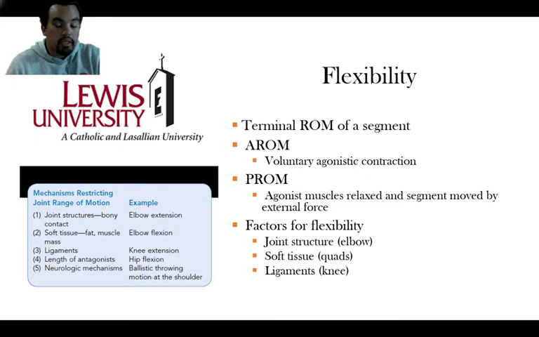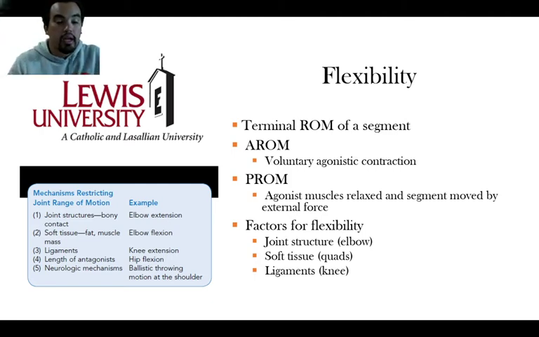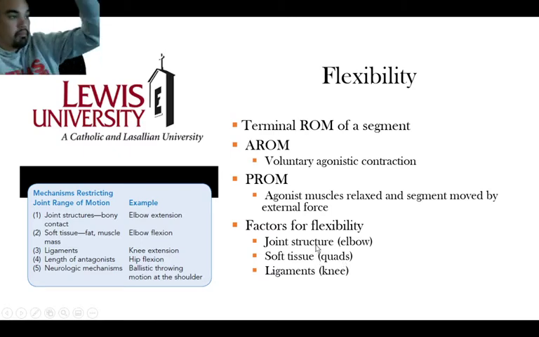Factors that could affect flexibility are joint structure, right? So if my bones are shaped differently, or I have a bone spur, or in the case of the elbow, bone on bone stops that range of motion of extension of my elbow, because these two bones here, my ulna and my olecranon process, they stop, boom, right? Soft tissue could stop it too.